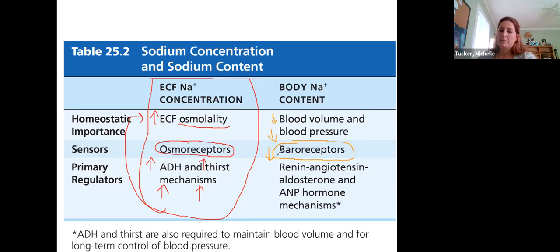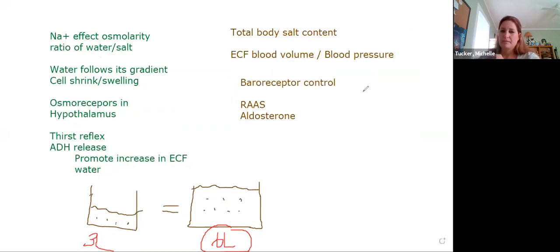When we have low blood pressure, we also have a low glomerular filtration rate, because remember, glomerular filtration is directly related to hydrostatic pressure. We'll come back here. So if we have a decrease in blood volume, that leads to a decrease in blood pressure and a decrease in baroreceptor stretch.